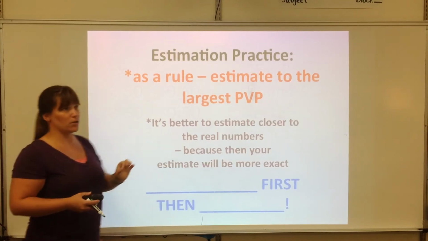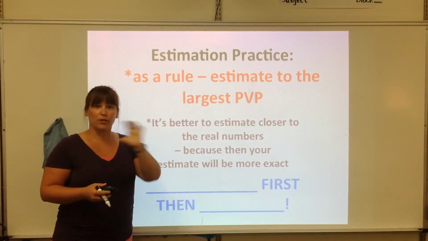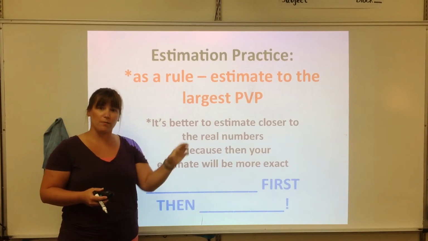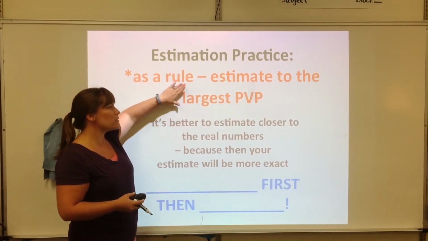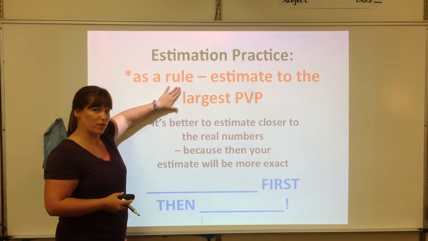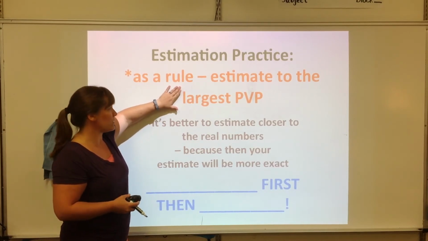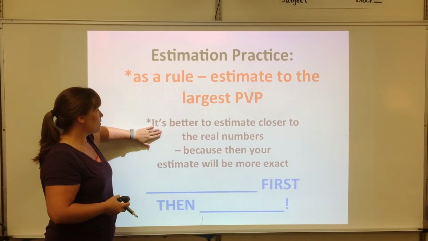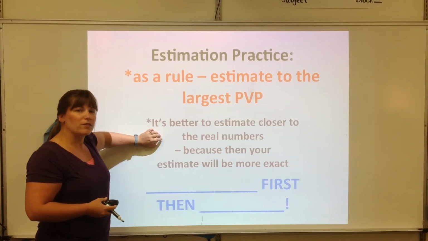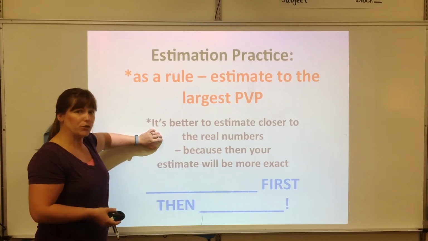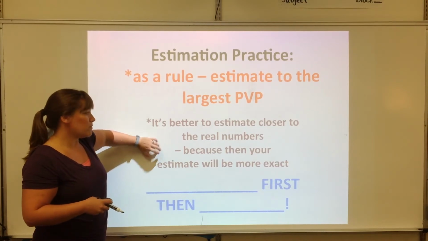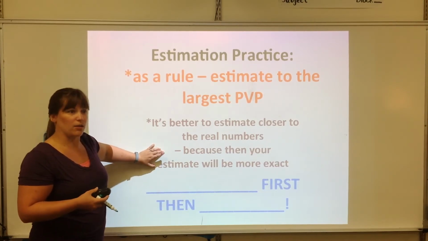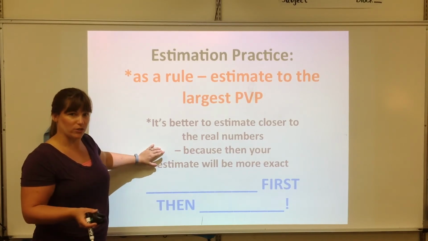On page 79, you're going to take the second box part of your notes. To estimate, as a rule, you want to look for the largest place value place and round to that place. And then just a little note, it's always better to estimate closer to the actual numbers because it will then be more exact if you were comparing your estimate to the real answer.